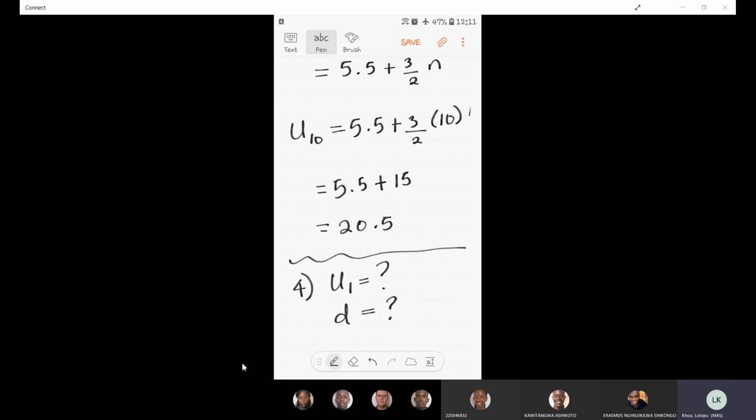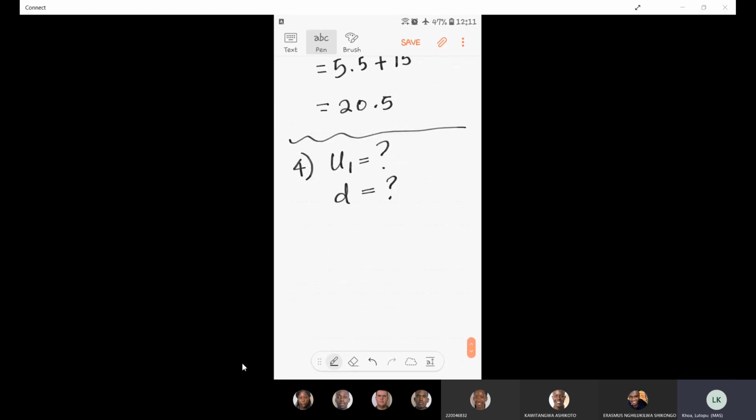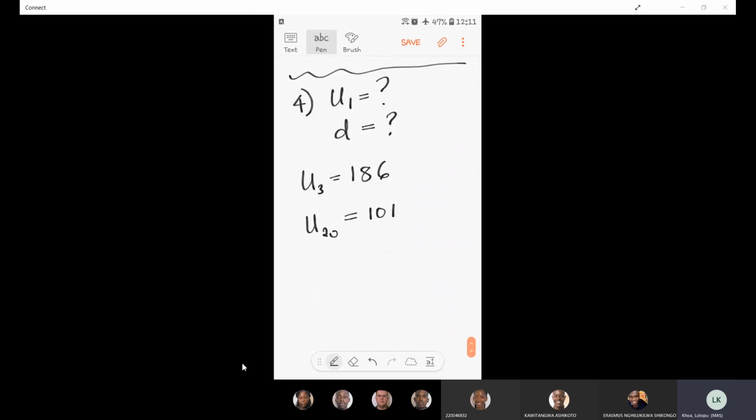But what we do know about the sequence is that the third term, so U3, this is equal to 186, and we know that the 20th term, so this is U20, this is equal to 101. So we have to find U1 and D, and then further we're asked to find the first 3 terms.